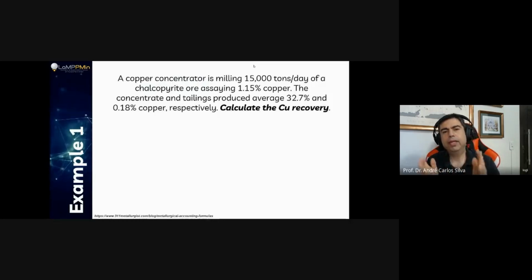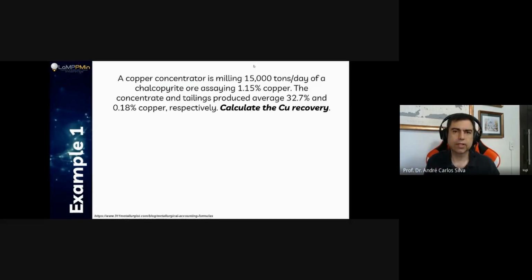Okay, let's move a little bit to our first example, so now we can make some calculations. This is a very good example, and it's coming from 911metallurgist.com, and it could be something real. So we have a copper concentration plant, milling 15,000 tons per day of copper ore, and I'm going to feed this chalcopyrite in order to have this concentrate coming out of the equipment. What kind of equipment?